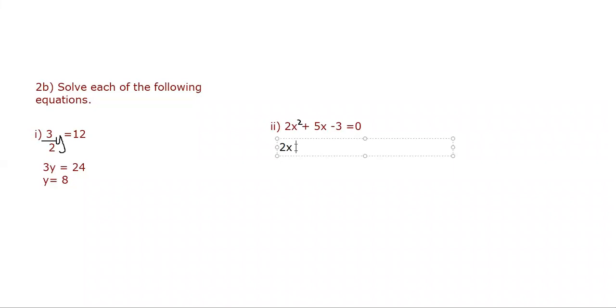Now, 2 times 3, of course, is 6. Good? 2 times 3 is 6, negative 6. 2 times negative 3, I should say, because if you notice, negative 3. Good? So 2 times negative 3 is negative 6.